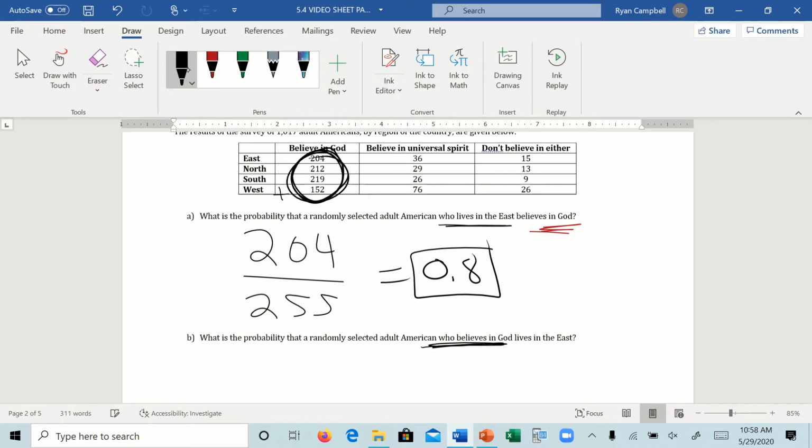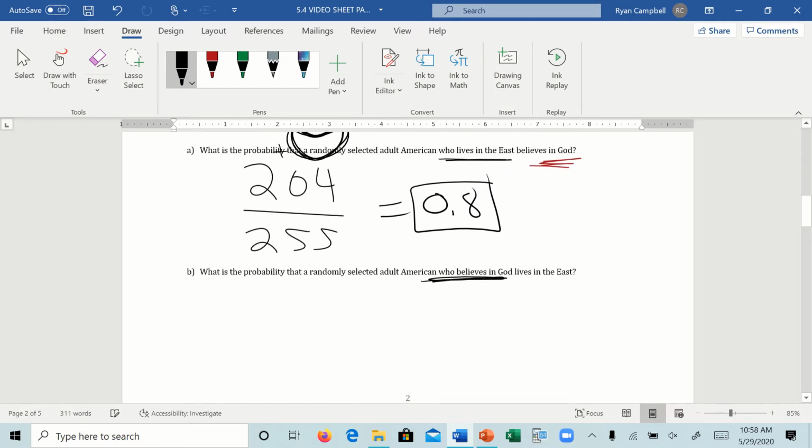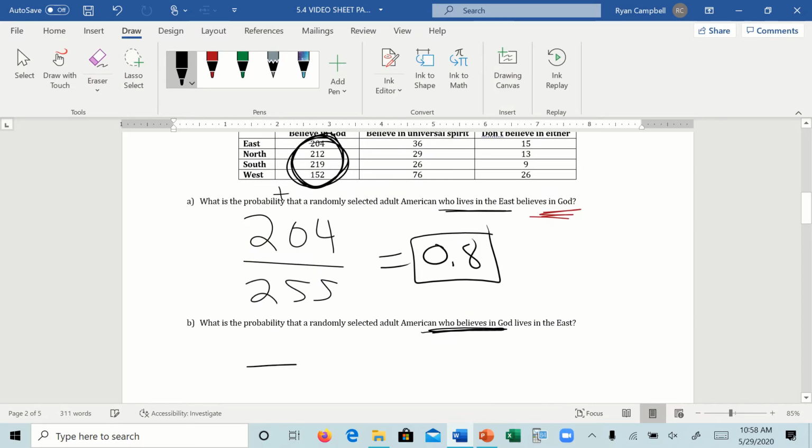When you add up all of these numbers, all the ones that believe in God, you see that our bottom number is going to be 787. These are all the people who believe in God. Out of the people who believe in God, who are the ones in the east?